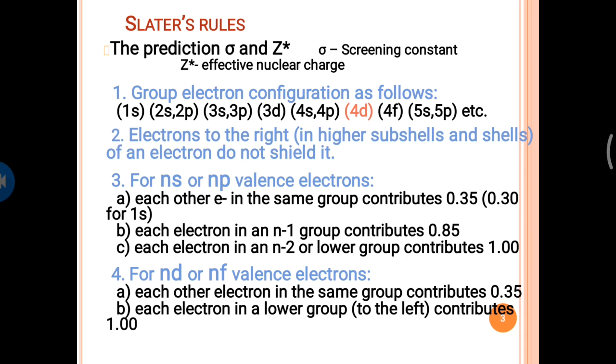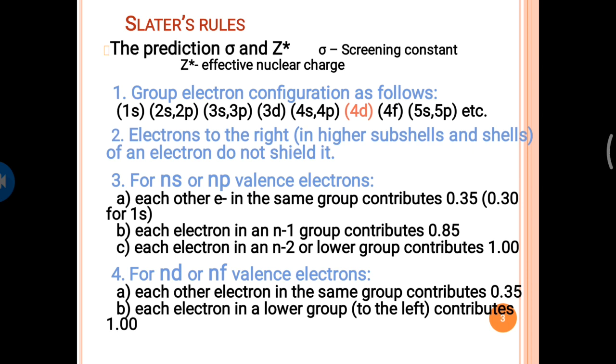The screening constant is the decrease in nuclear charge, and this helps us calculate Z star, the effective nuclear charge. Effective nuclear charge is equal to Z minus sigma, where sigma is the screening constant, which we calculate by using the Slater rule.